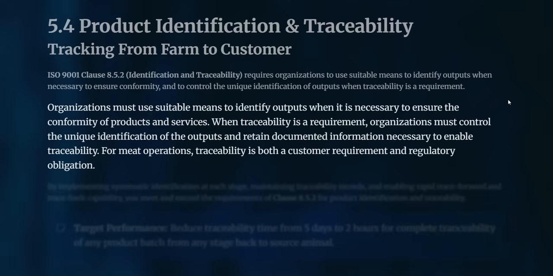Don't worry about this, I'm going to explain more. For meat operations, traceability is both a customer requirement and a regulatory requirement. Now, this is just a summary, but we are going to walk through it to implement it in real life.